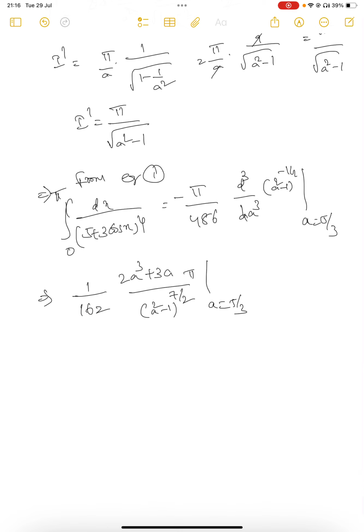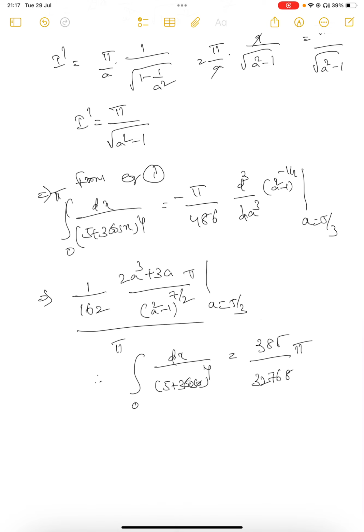Ultimately, after substituting the value of a, dx by 5 plus 3 cos x whole power 4 is equal to 385 by 32768 pi. This is the final result.